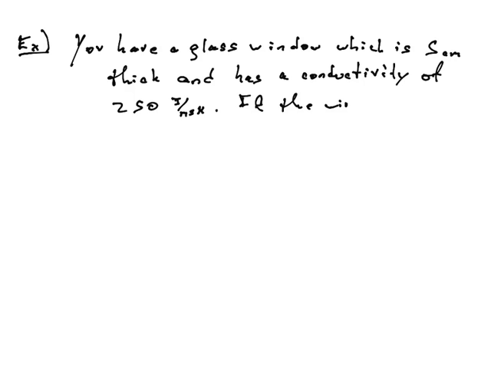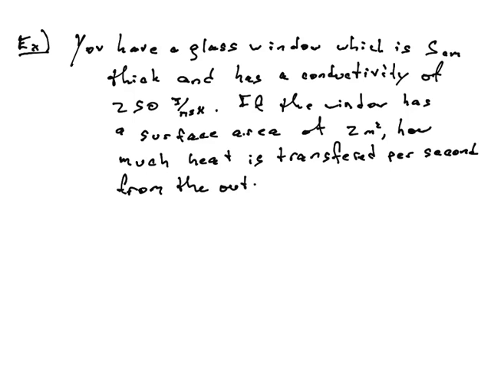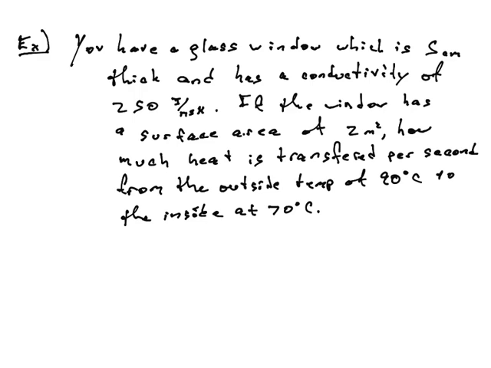If the window has a surface area of, let's say, 2 square meters, how much heat is transferred per second from the outside temperature of 90 degrees C to the inside at, let's say, 70 degrees C. Now, obviously, 90 and 70 degrees Celsius are extremely hot.